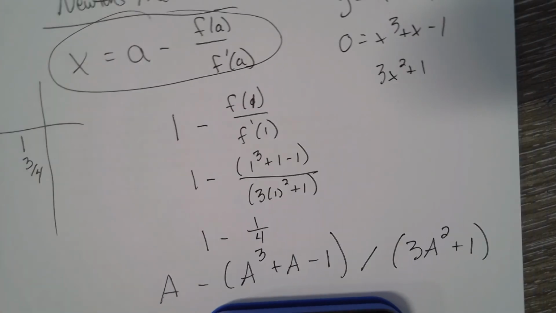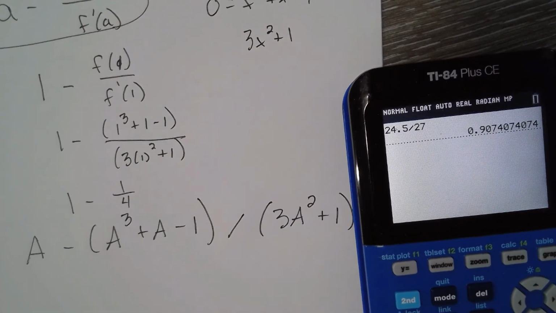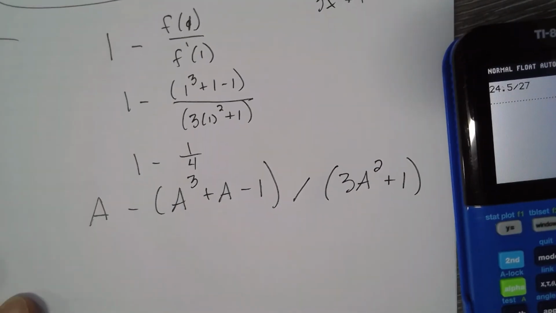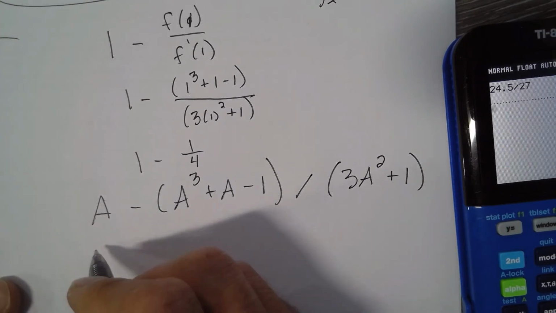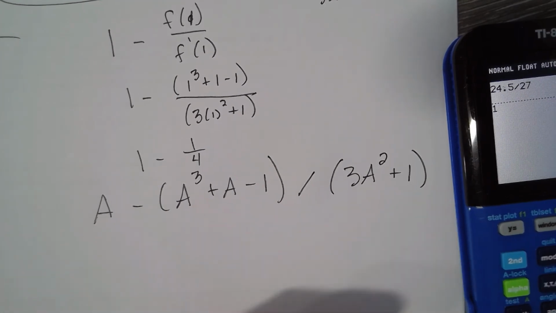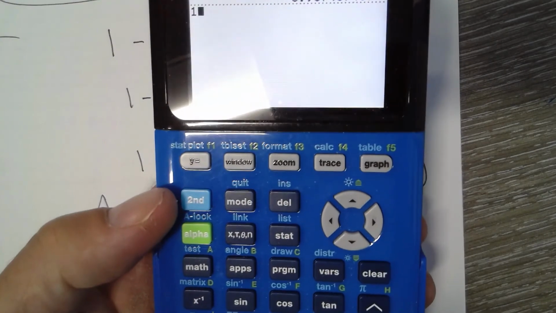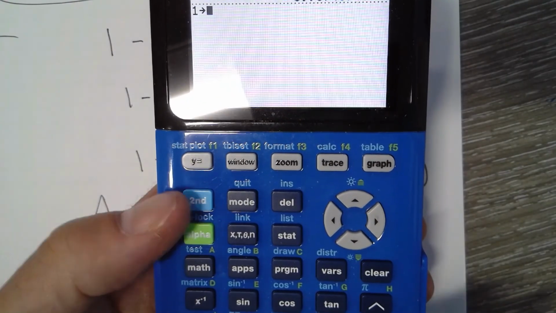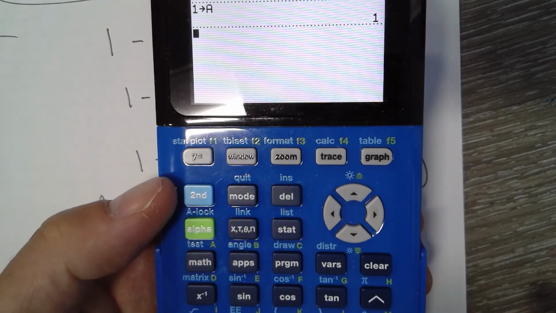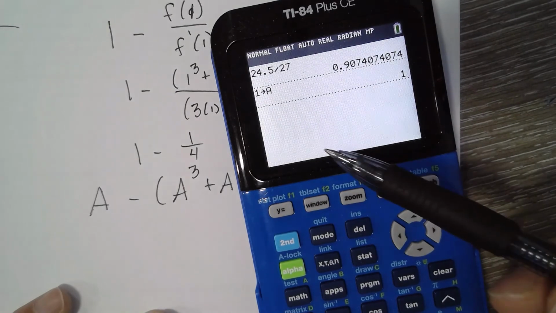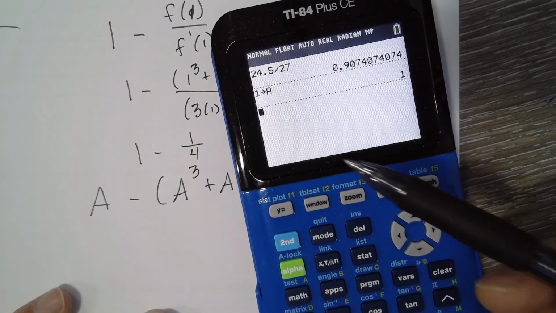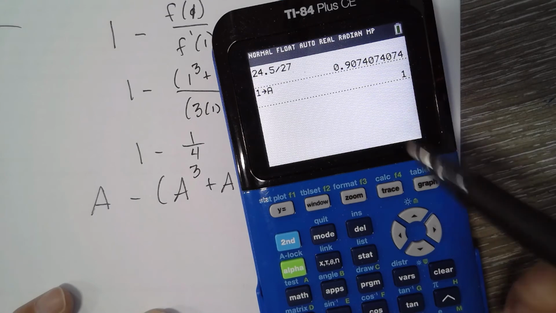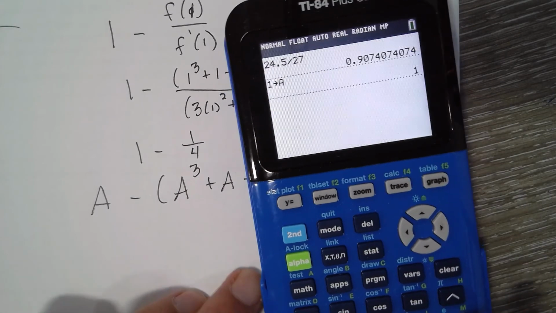Okay, so we can type that into our calculator, but before I do that, I'm going to store 1 in for A. So I did 1 stored in for A. So now I know A is 1.